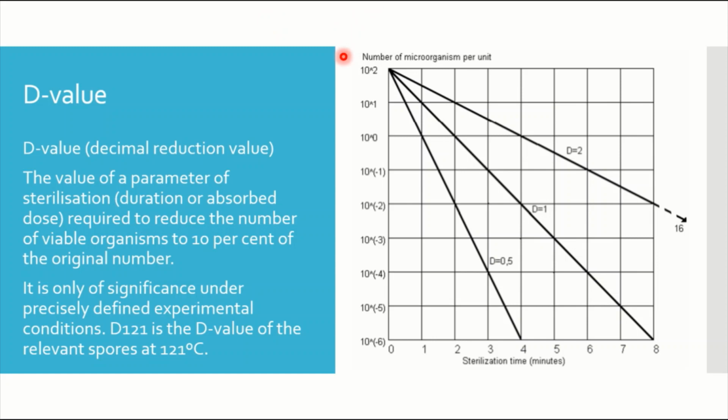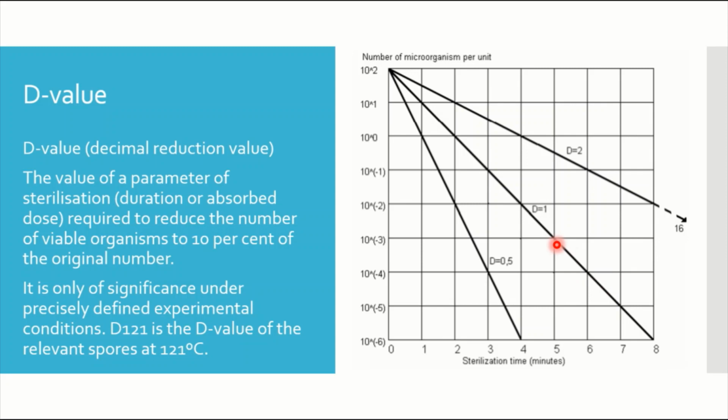From the graph it is clarified that if you have a spore load of 10 to the power of t, just see by changing the D value how the sterilization time differs, right? From 10 to the power 2 to 10 to the power minus 6, almost 8 log reduction, we are getting it in 4 minutes considering the D value is 0.5.